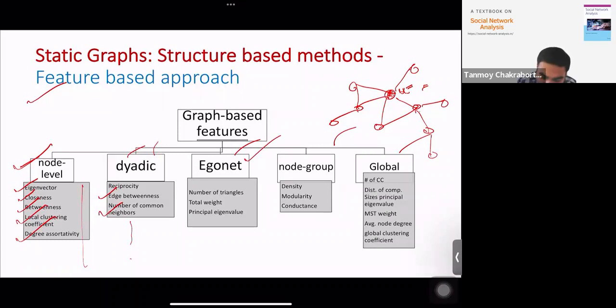So you basically take this node, this node, this node, this node, this node, and this node, and their connections. So the ego network of a node is essentially an induced subgraph of that particular node and its first-degree neighbors. So the ego network of node U would look like this.